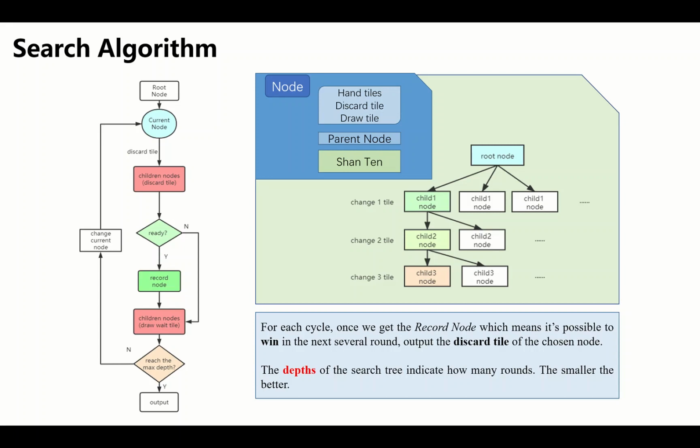Then, we repeat this process until we find some leaf nodes whose hand tiles have more than 8 fans. Obviously, it's difficult to perform a wide and deep search within 6 seconds in the Python language, so we conducted a lot of pruning. Finally, by sacrificing the width, we can search for a depth of 3 or 4 layers.